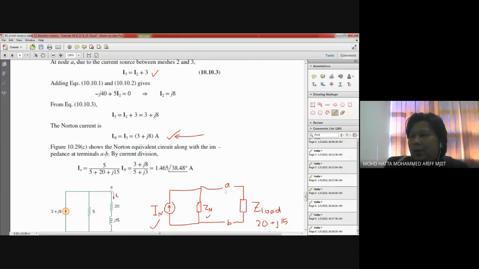And to get the value of IO over here, we need to apply the current divider rule. So this is what happened in this line, in the final answer in the solution. So we need to apply CDR.